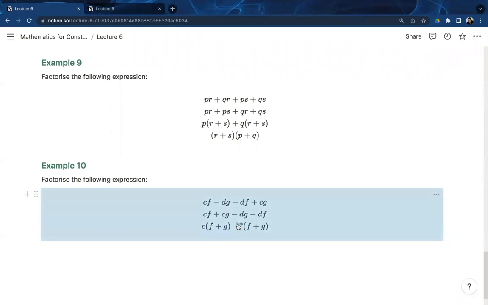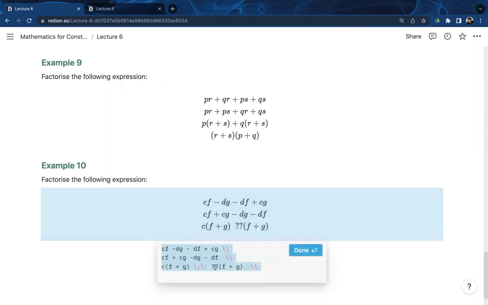So I need something here by F plus G to get these two terms. Now, something by F is minus DF. What by F is negative DF? Wouldn't it have to be negative first? Negative by a positive is negative. So I need a minus sign.